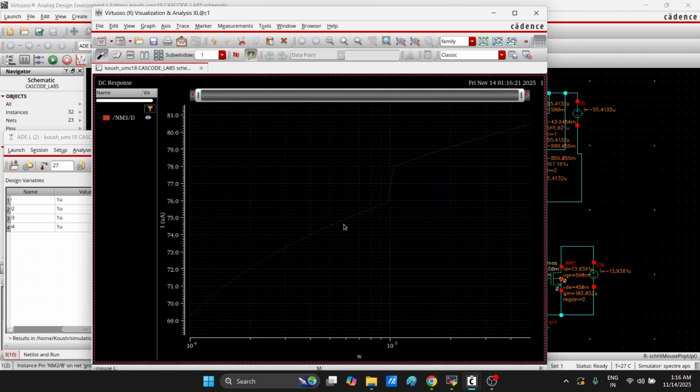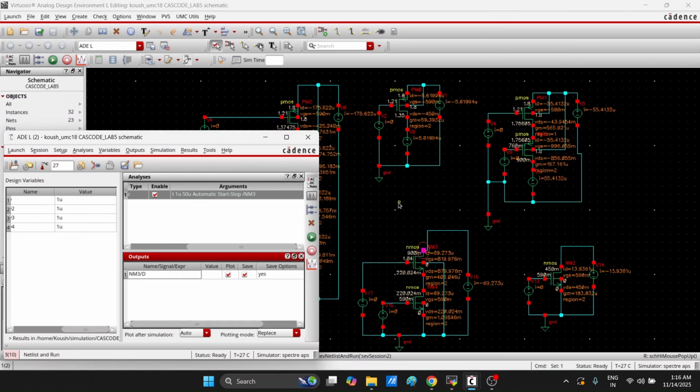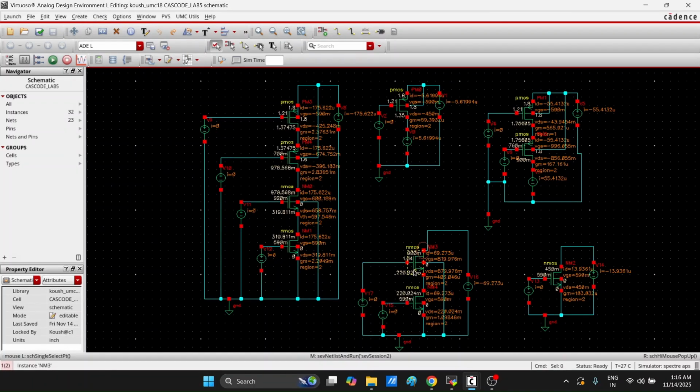So we will need the width to be about 25 micro to 30 micro for this NMOS. So now we have gotten the width for the two NMOS.